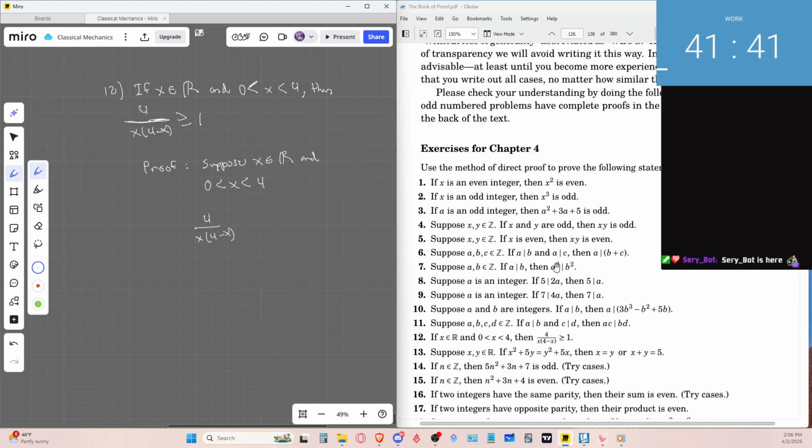Do this on a case-by-case basis, because it's a direct proof.